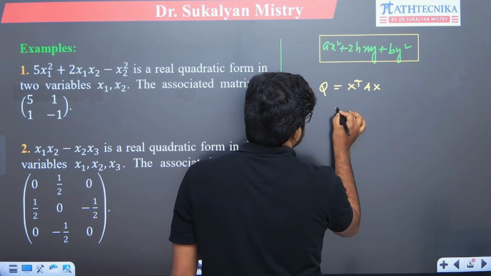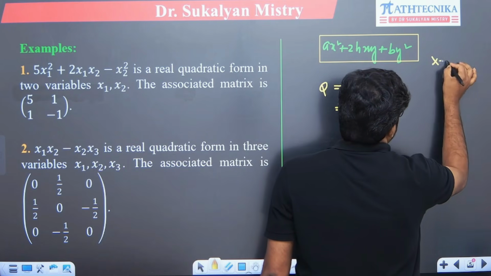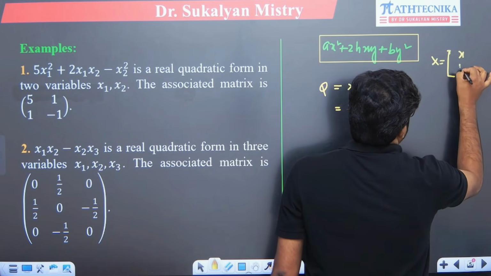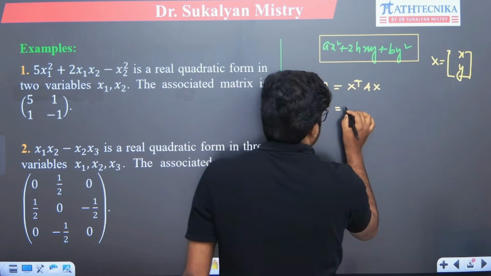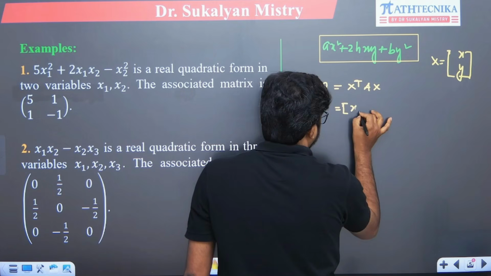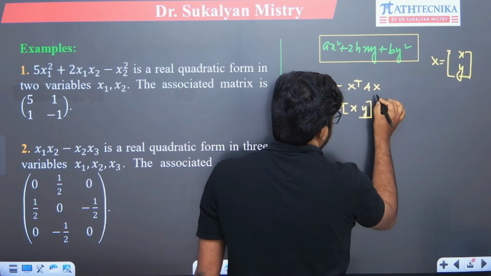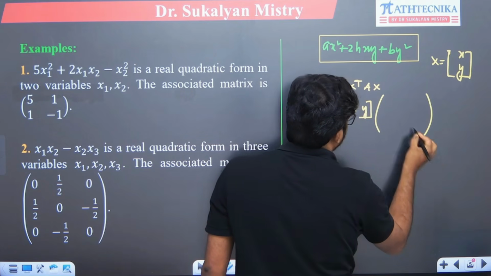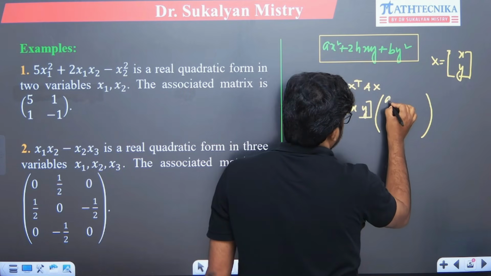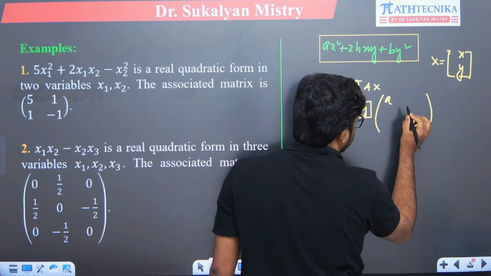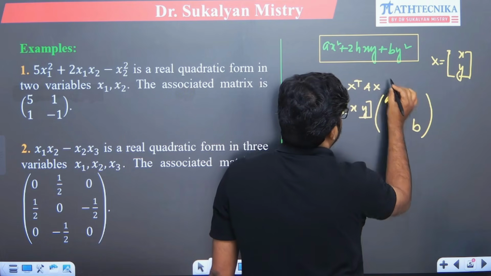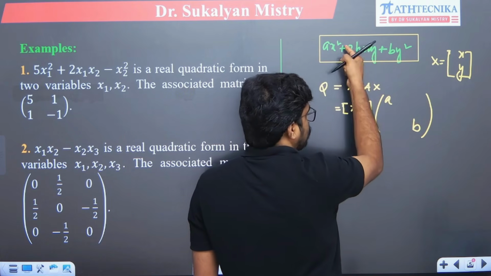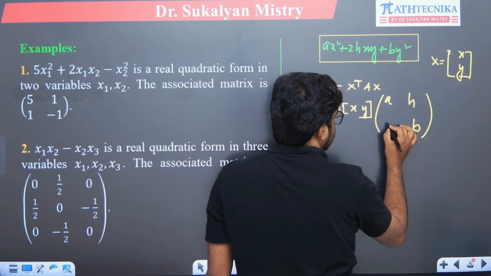So what is x here? x, y. So x transpose, that means x, y. Okay, what is the associated matrix? Coefficient of x square, that is a, coefficient of y square, that is b, 1/2 coefficient of xy. Coefficient of xy is 2h, 2 they divide, that means simply h.